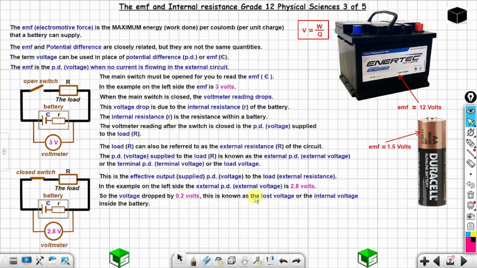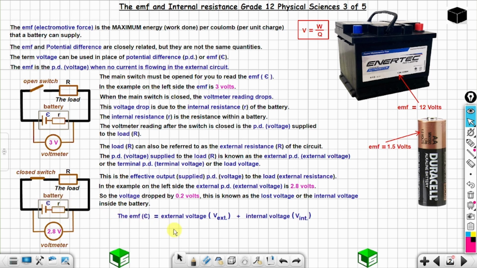This is known as the lost voltage or the internal voltage. This is inside of the battery. So we know that the EMF is equal to external voltage plus internal voltage. External voltage is outside of the battery, internal voltage is inside of the battery.